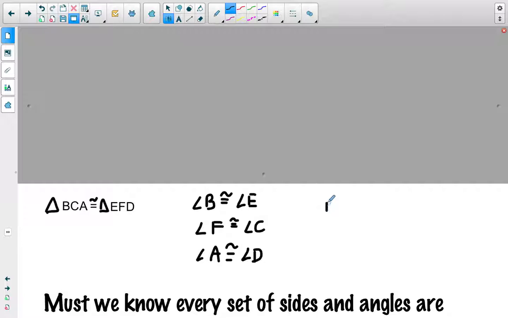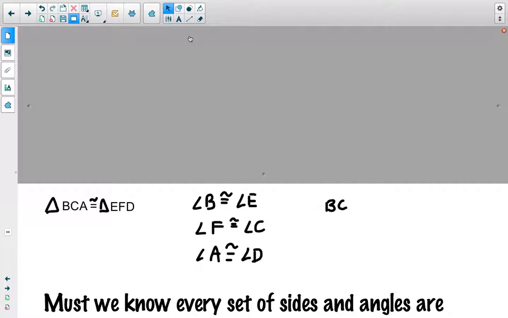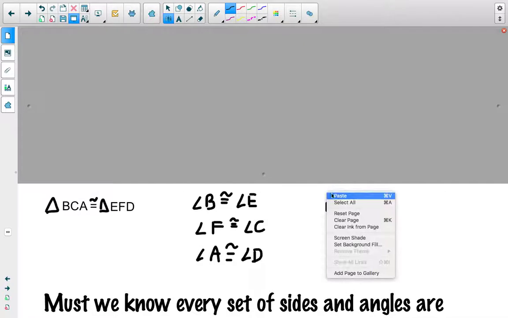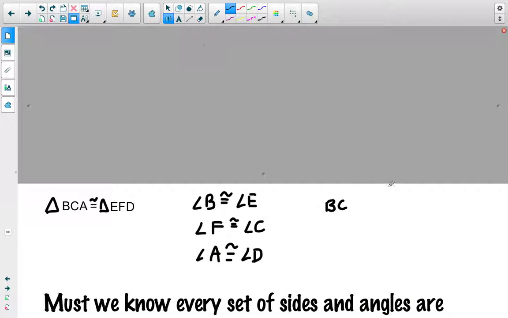The segments, if we pick, let's say, for example, segment BC is congruent to, whoops, oh shoot, sorry, my pen's acting up. There we go. BC is congruent to, well, if we look over here, BC is the first two letters. So E and F would be the first two letters, so we'll say segment EF.